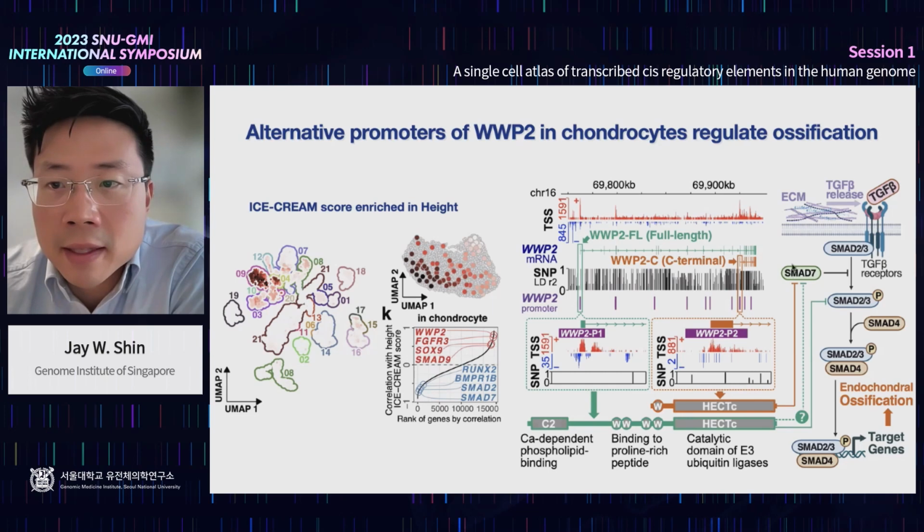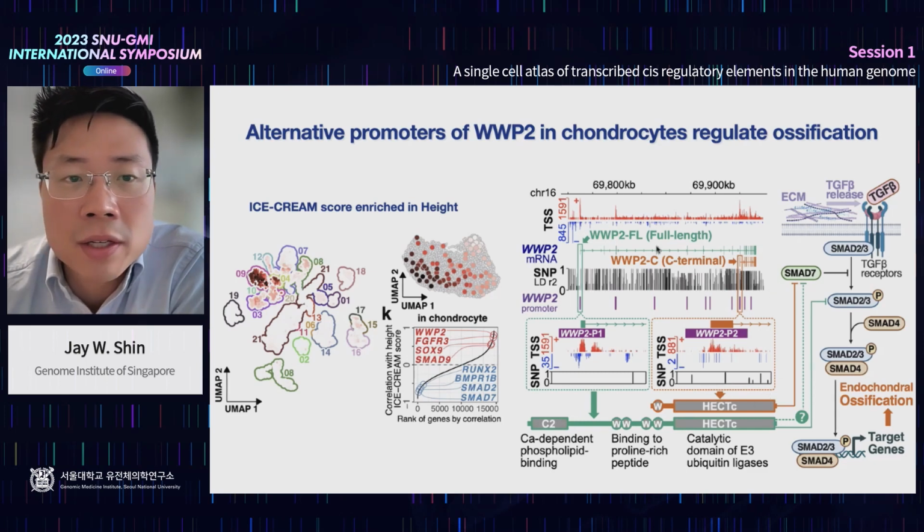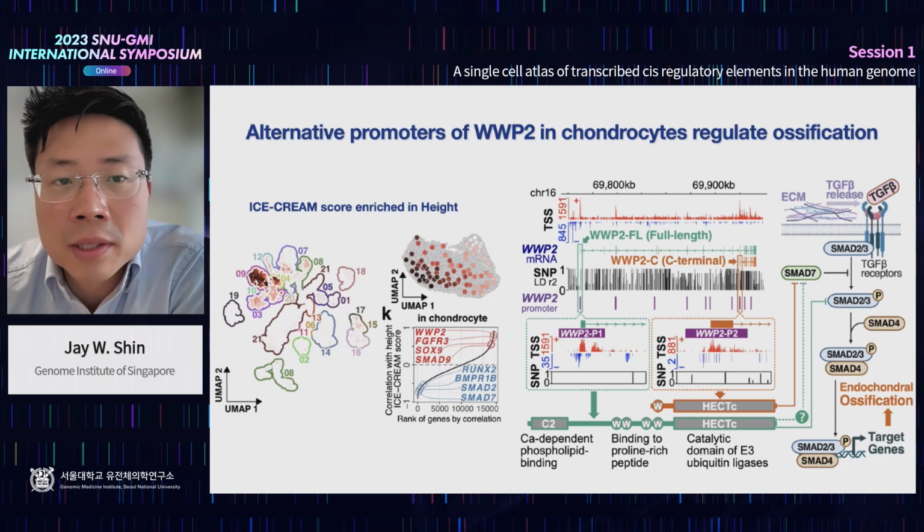Just to note that SMAD7 is actually regulated by the WWP2 gene. So these are very interesting extrapolations, understanding the traits not only down to the cell types, but also which genes are causal and regulating these pathways.